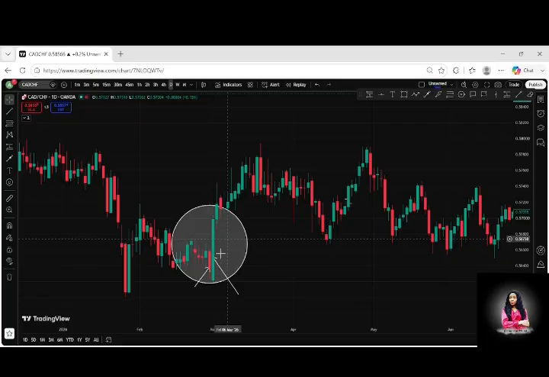And the fact that the engulf, the momentum, engulf simply means it came and it was bigger than the previous candle.